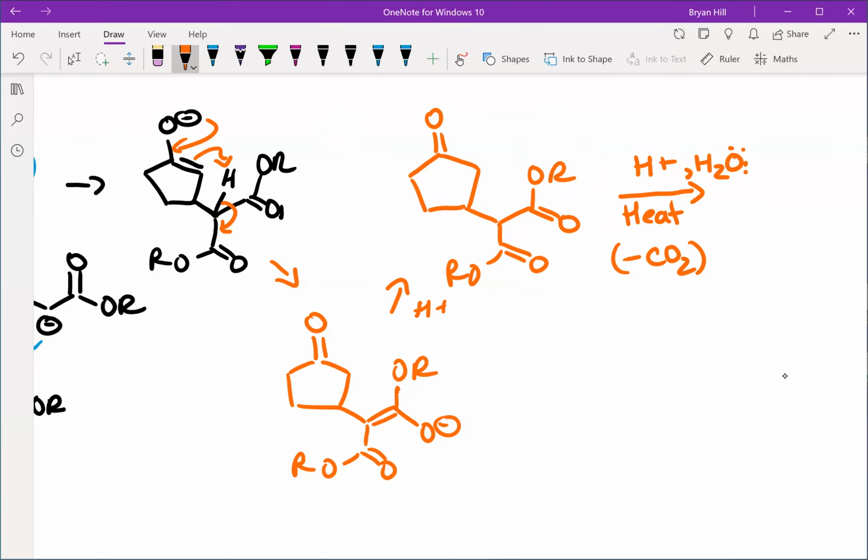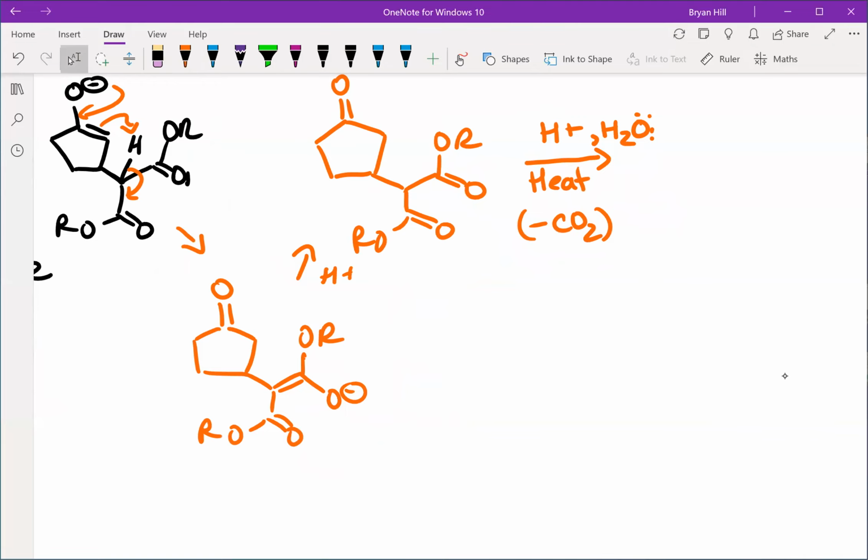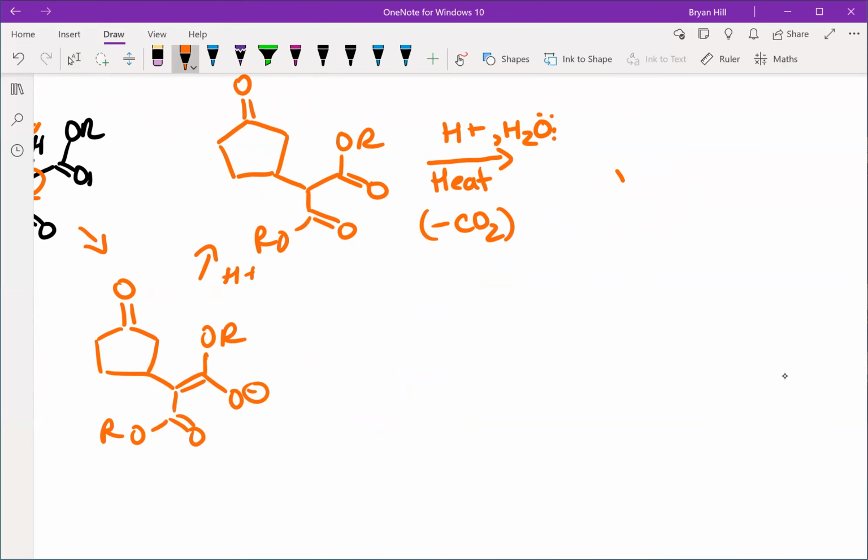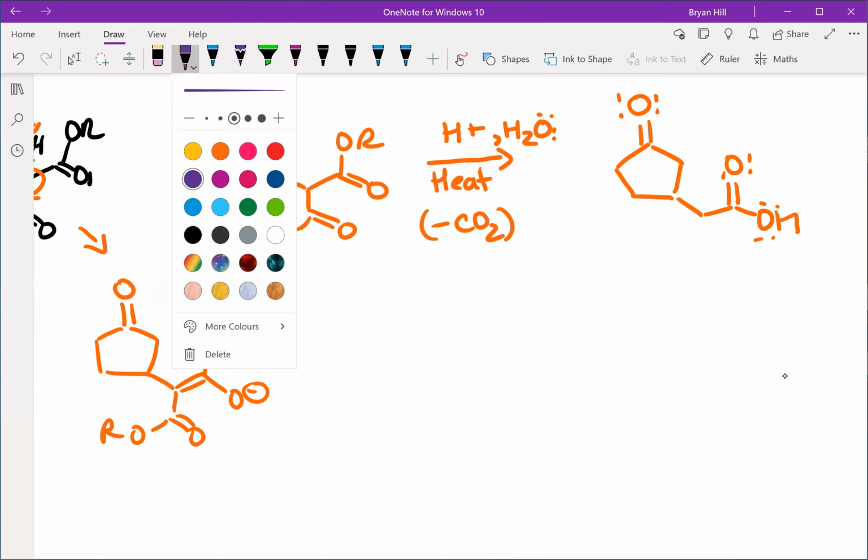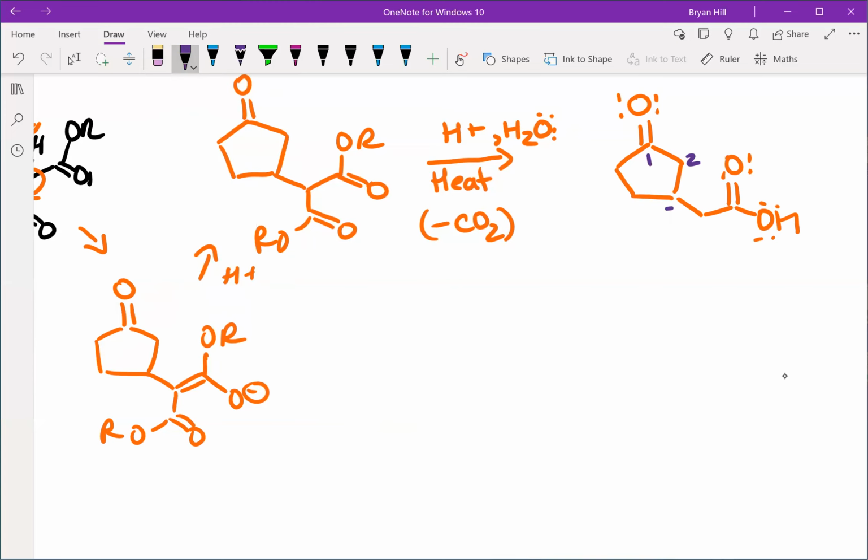The first step will be that each one of the esters will get hydrolyzed to the carboxylic acid, and then that gets decarboxylated, and our final product would look like this. And we've got 1, 2, 3, 4, 5. And we've got our 1,5 relationship.